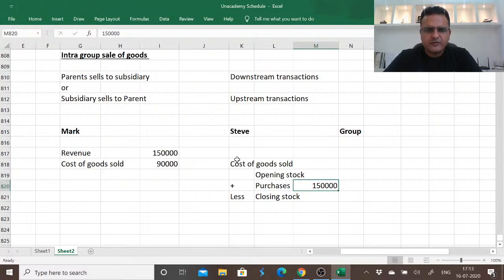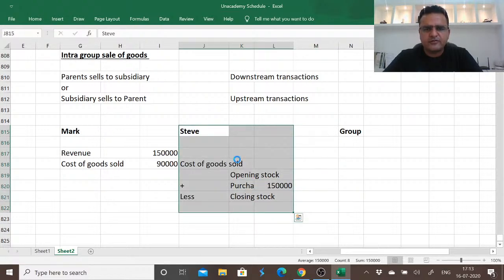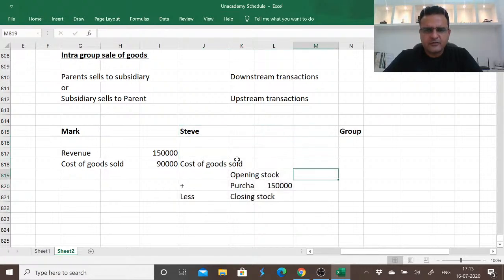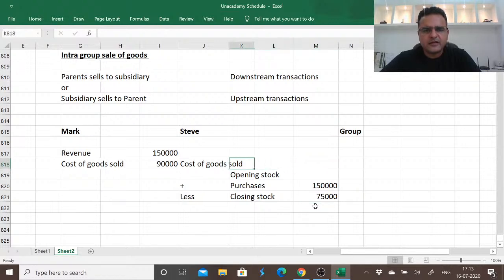In closing stock we get to know that half of the goods remain in inventory. So out of the goods purchased of 1,50,000, 75,000 are still with the entity.